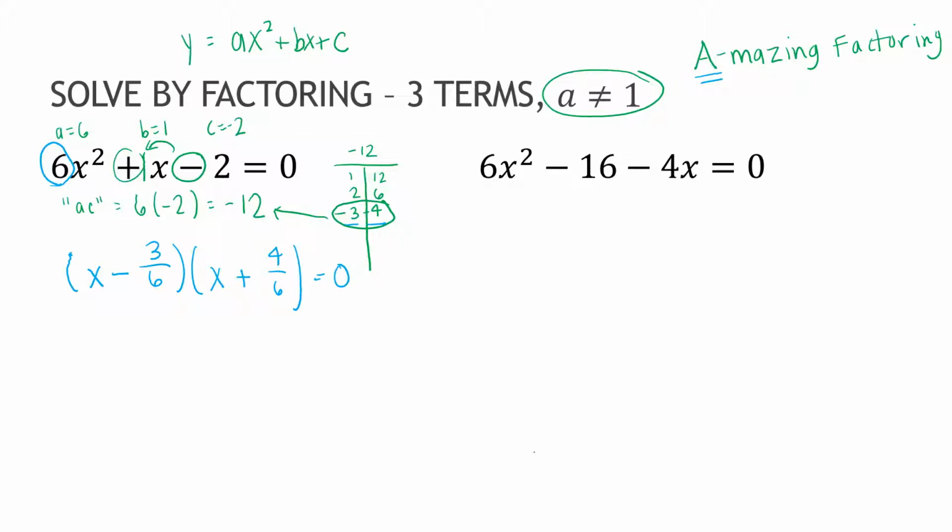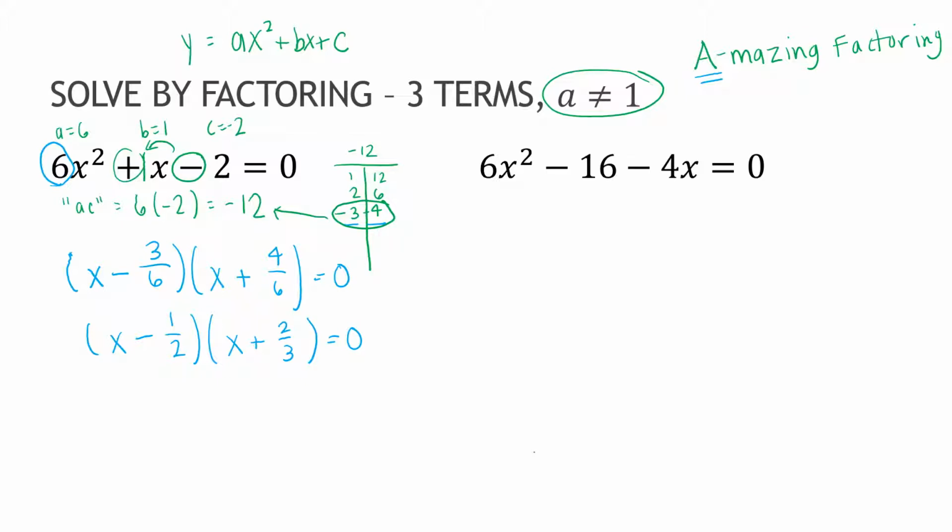Now you might be saying, okay, Professor Brame, no thank you, you just had me deal with fractions. Well, yes and no, it's actually not so bad. What I'm going to do is say, well, 3/6 obviously reduces to 1/2, and 4/6 obviously reduces to 2/3.